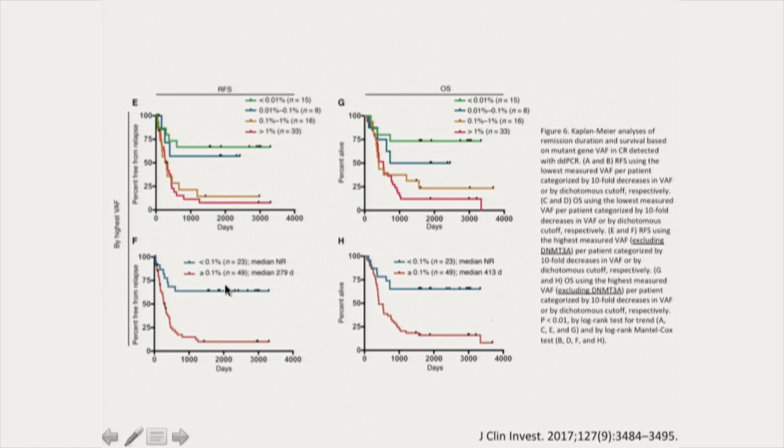They can set multiple cutoffs to examine the risk of relapse, or use a single cutoff to set up a binary category, positive or negative. You can see the positive group all relapsed within a certain time point.